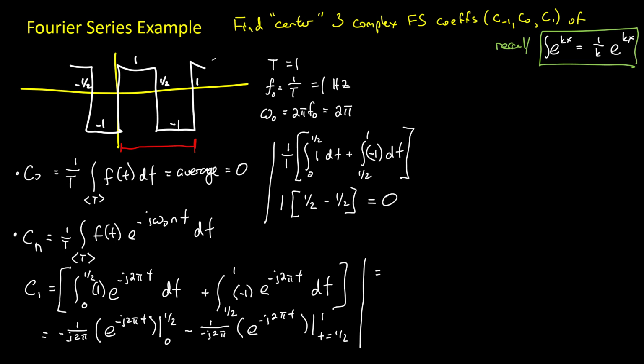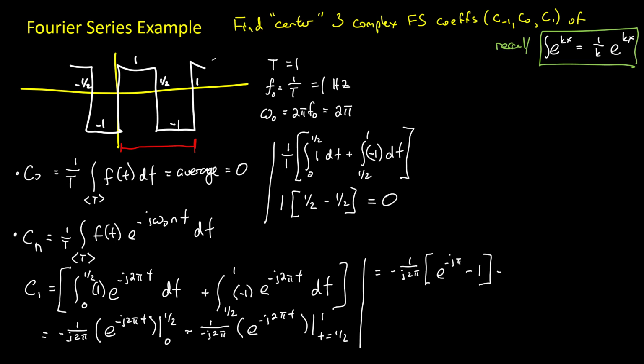When we plug in 1/2 for t, we get e to the minus j, let's see, that 1/2 for t, the 2's cancel, and we get just simply pi. And then when we plug in the 0 for t, we get e to the 0, which is just 1.